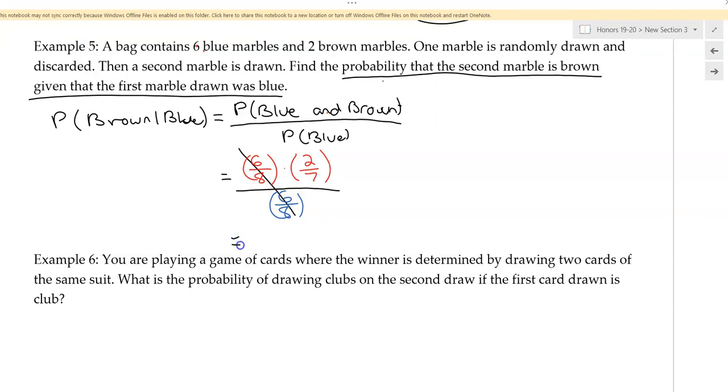Well, that's nice. That's 2 out of 7. So in this situation, I already found my probability that I'm going to choose a brown given I already chose a blue, just based on knowing that my blue's away. It's 2 out of 7. So I don't even really have to do this formula when I'm given this situation. It's just the second half of your dependent probability that we did earlier.